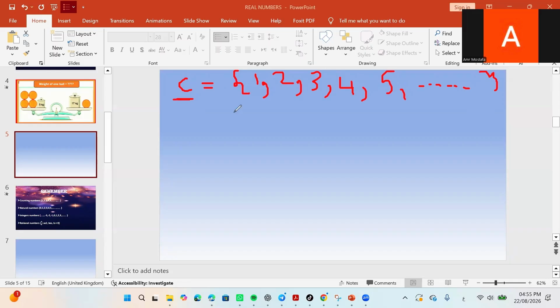But counting doesn't include zero. So we took the next set, which is named natural numbers. Natural numbers equal 0, 1, 2, 3, 4, 5, 6, 7, 8, infinite. So the difference between counting and natural: counting doesn't include 0, but natural includes 0.